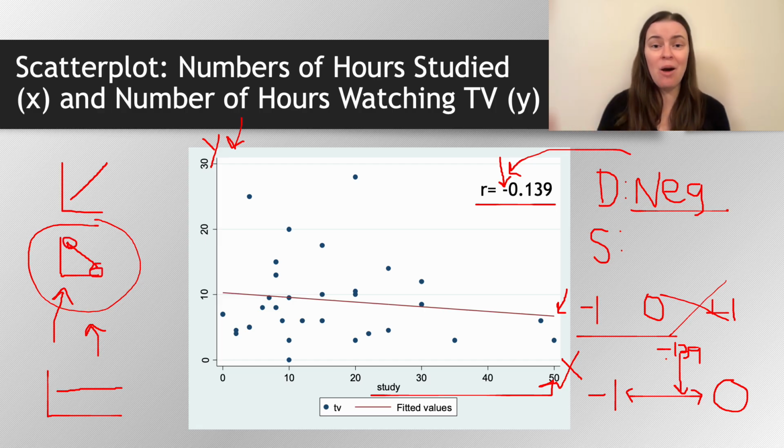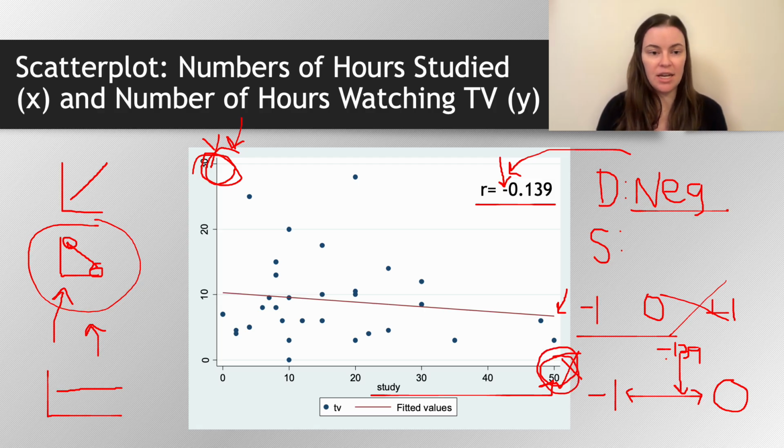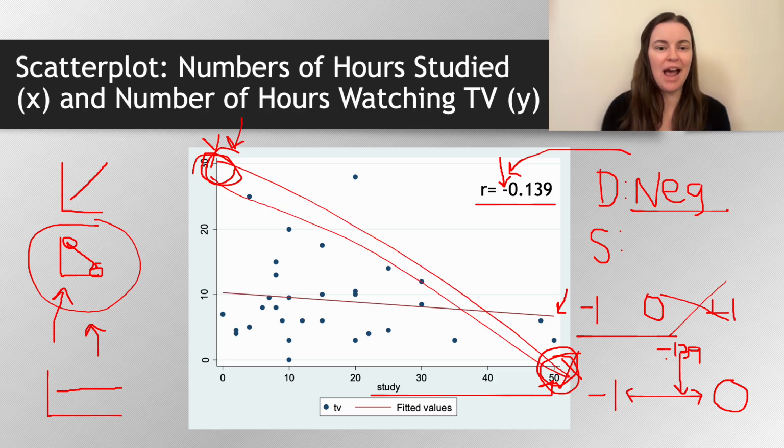You only have so many hours in the week. So it wouldn't make sense that we could have people who are spending a lot of time watching TV also spending a lot of time studying, right? That's where we would form our perfect negative relationship. That can't happen in actuality, right?